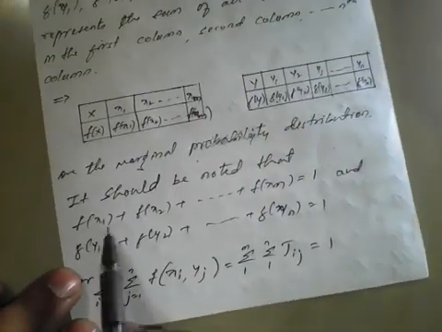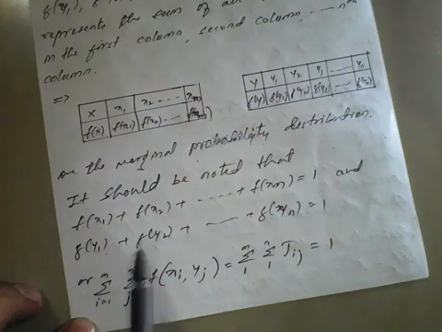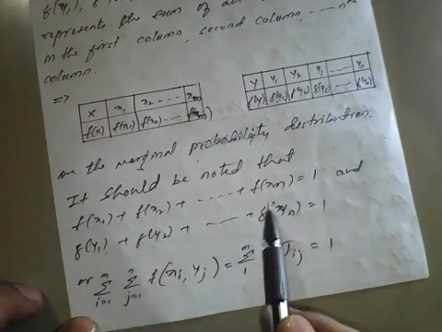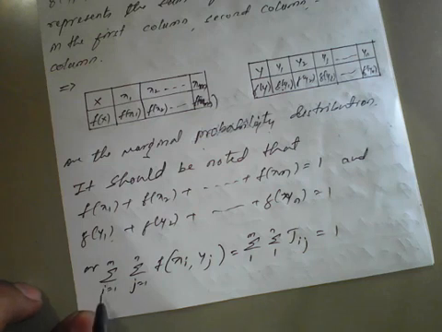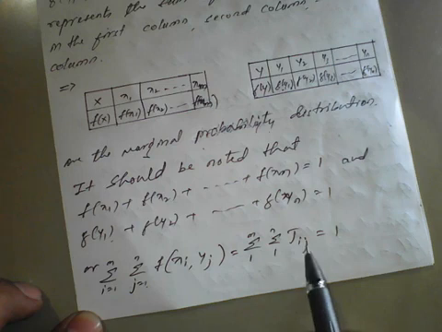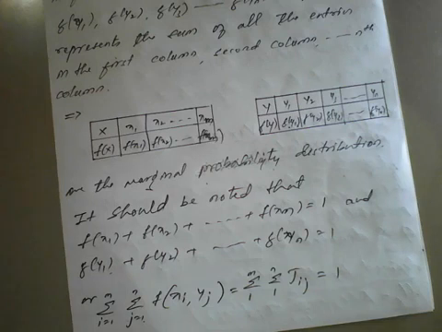I have written that once again here: f of x1 plus f of x2 plus and so on up to f of xm is equal to 1, and g of y1 plus g of y2 plus and so on up to g of yn is equal to 1. In general this can be written as the summation of i from 1 to m, summation of j from 1 to n, of f of xi comma yj, which is nothing but 1. So this is the concept of a marginal probability distribution.